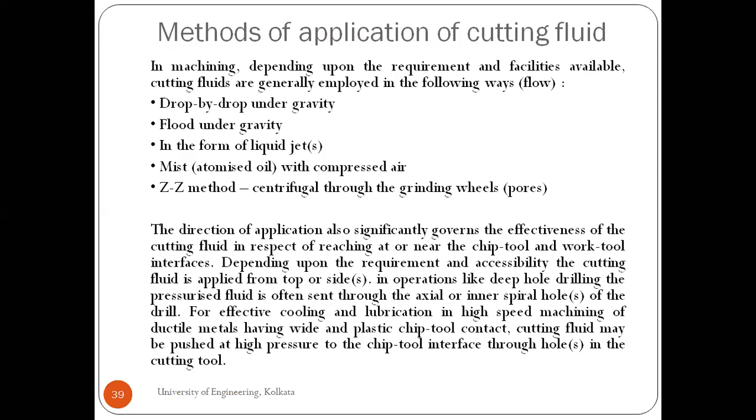There is a pipe and a nozzle, so cutting fluid is forced as if it's flooded with cutting fluid, provided into the machining zone in the form of a liquid jet. We can also have a liquid jet so that it is more localized.